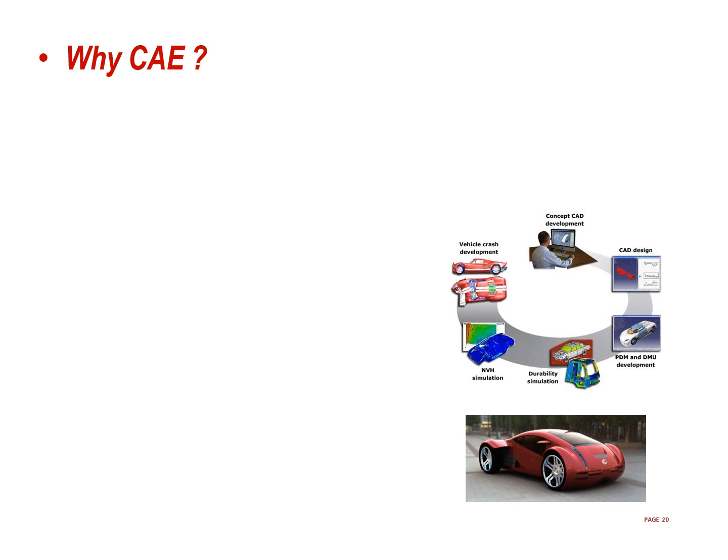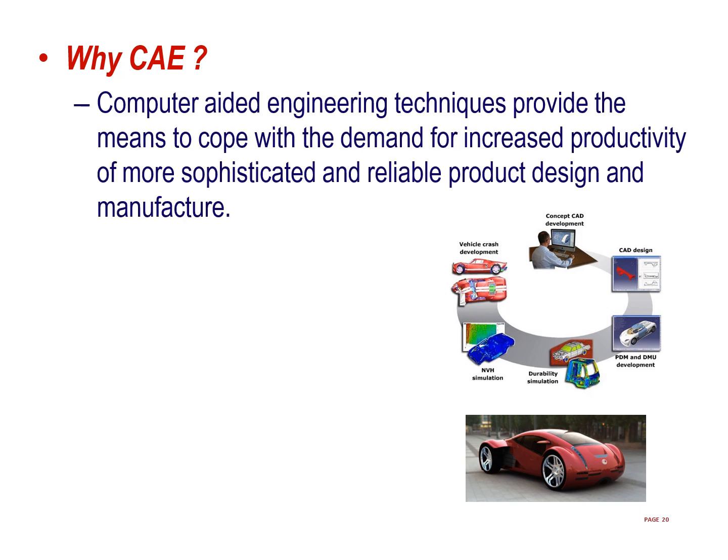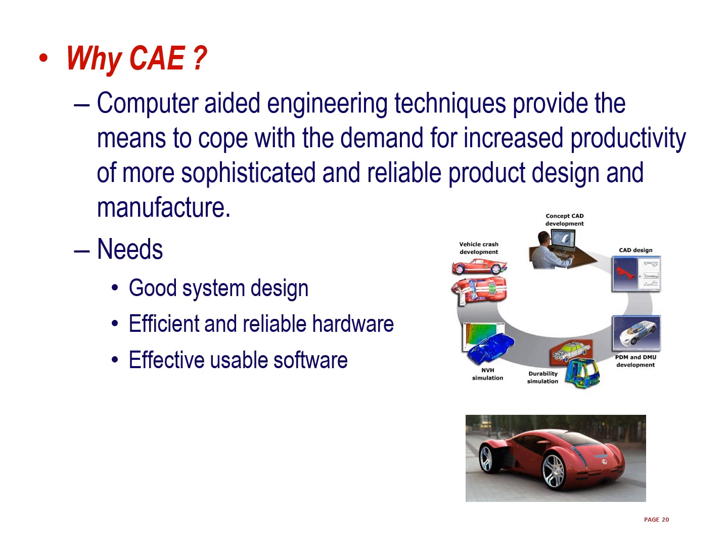So why do we need computer-aided engineering? Computer-aided engineering techniques provide the means to cope with the demands of increased productivity and more sophisticated and reliable product design and manufacture. The need is for good system design, efficient and reliable hardware, and effective, usable software.